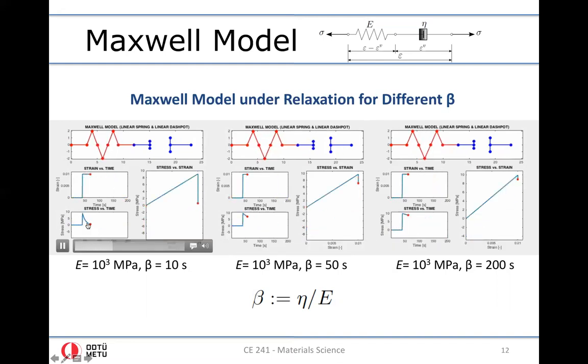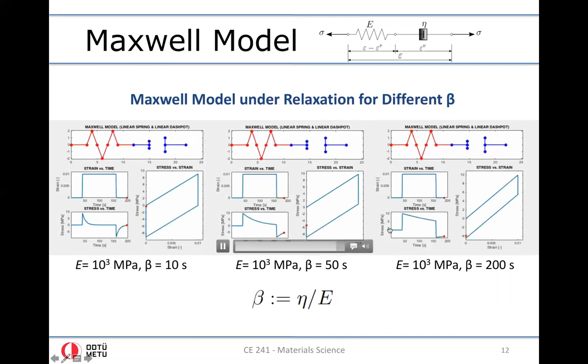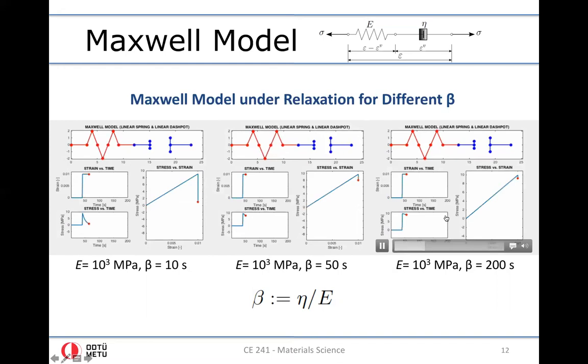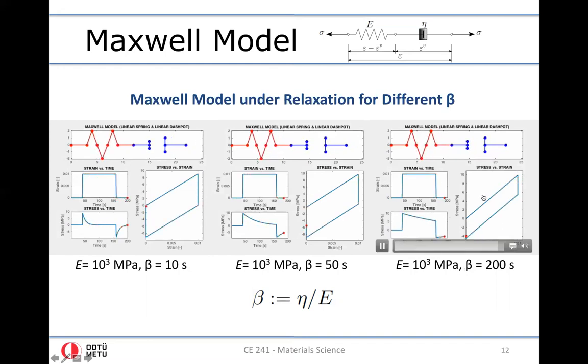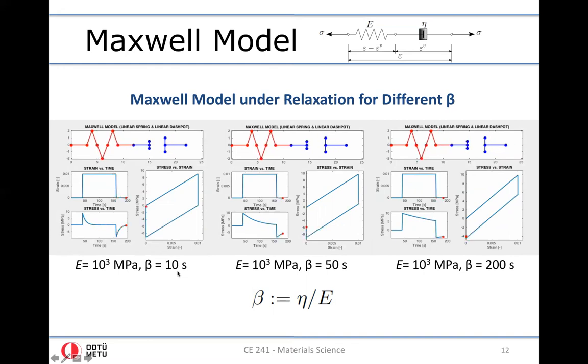And that is observed, for example, when you compare the first movie with the second one and the second one with the third one. The slowest relaxation is observed in the third movie, while the fastest and complete relaxation is actually observed in the first movie.